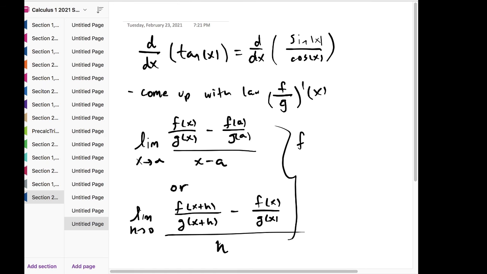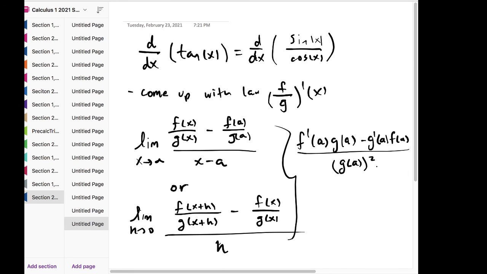It'll be f prime of a g of a minus g prime of a f of a over g of a squared.